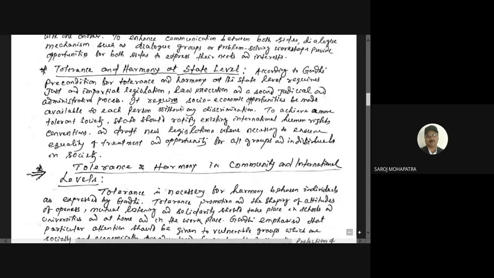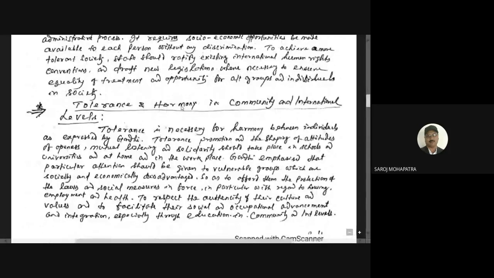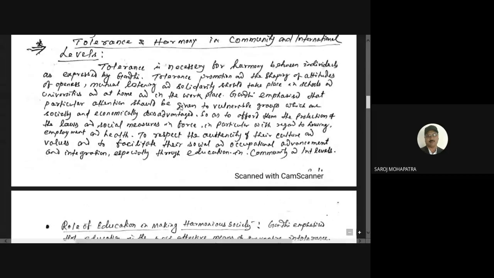So tolerance and harmony at state level, and tolerance and harmony in a community and international level, let us see how they are. Tolerance is necessary for harmony between individuals as expressed by Gandhi.